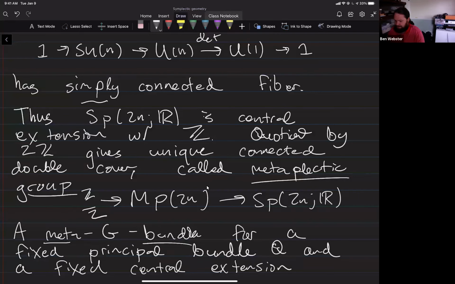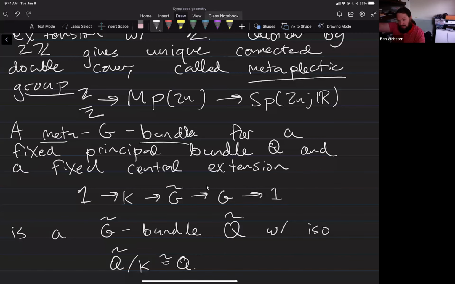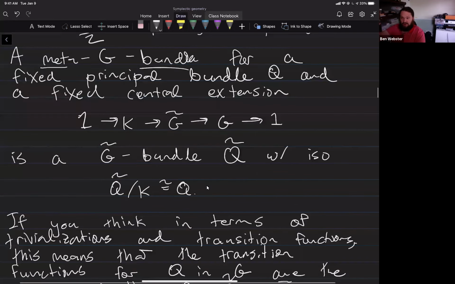Whenever I have something like this, a central extension, here I have G twiddle, and the kernel is some subgroup K, a meta-G bundle structure on a principal bundle Q, I realized I shouldn't call it P because we're talking about polarizations, is a G twiddle bundle, a principal bundle for the bigger group, such that when I take the quotient of that by K, I get an isomorphism to my original bundle. So with a fixed isomorphism, this Q twiddle mod K is canonically a G principal bundle.